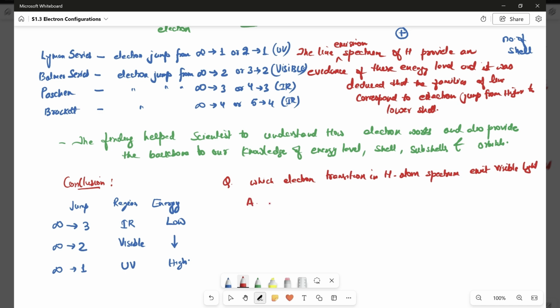Option A: n equals 1 to 2, where n is the number of the shell. B: n 2 to n 3. C: n 2 to n 1. D: n 3 to n 2.